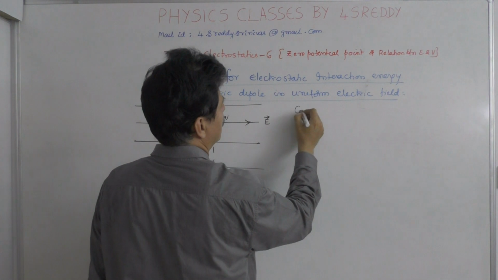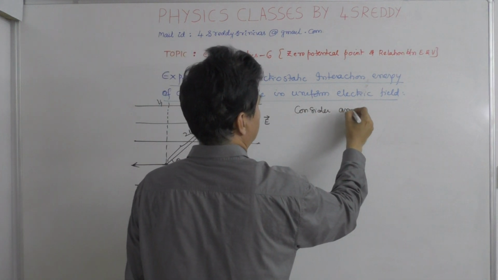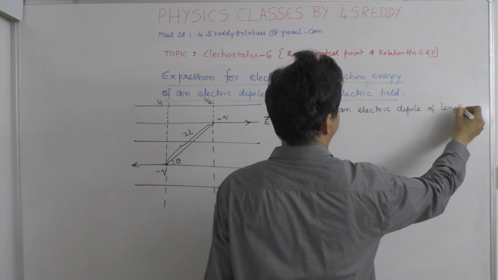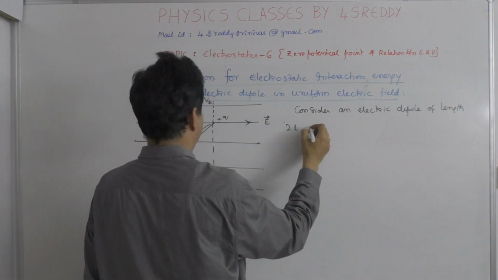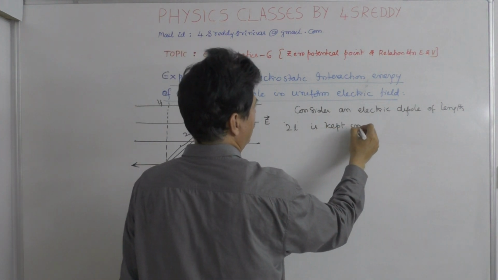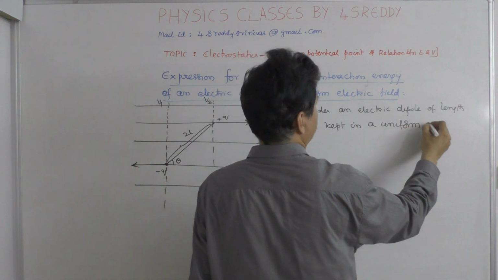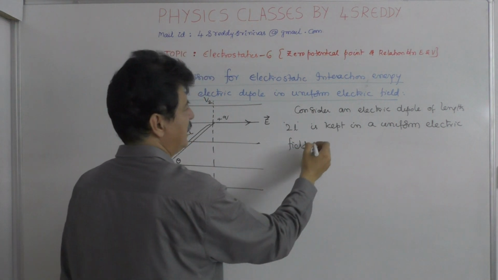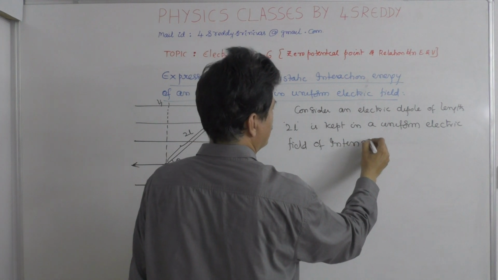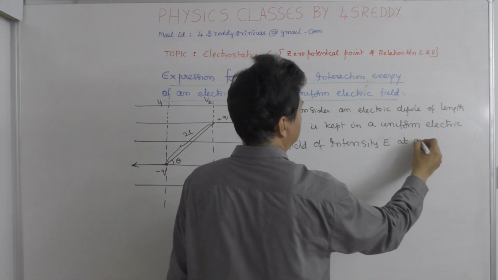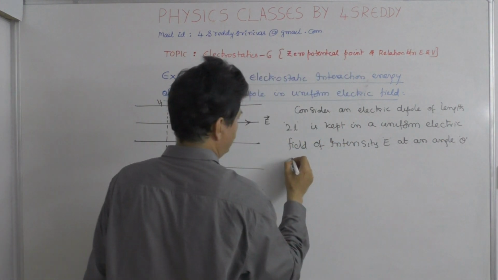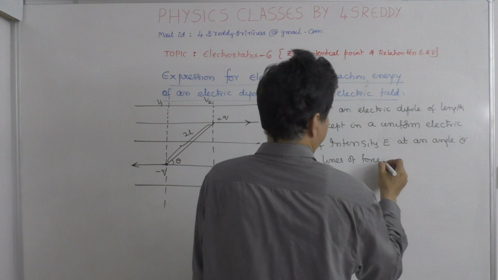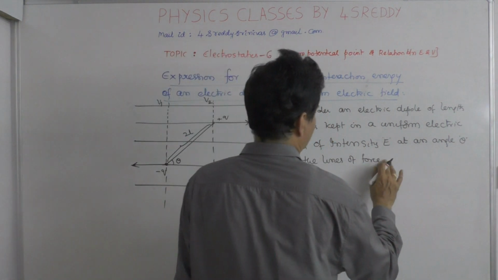So for this, what you have to do, consider an electric dipole of length 2L kept in a uniform electric field of intensity capital E at an angle theta to the lines of force, as shown in the figure.